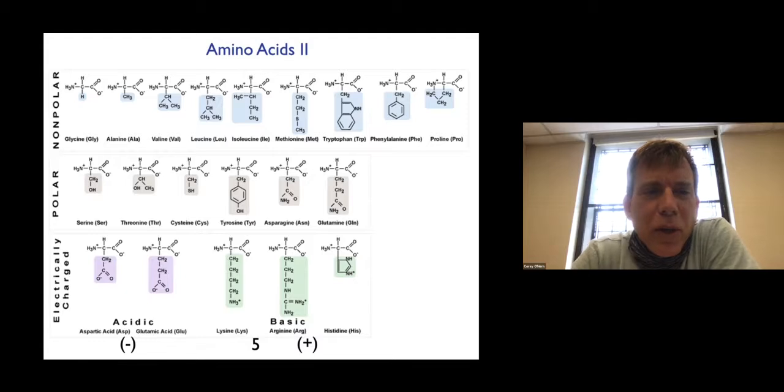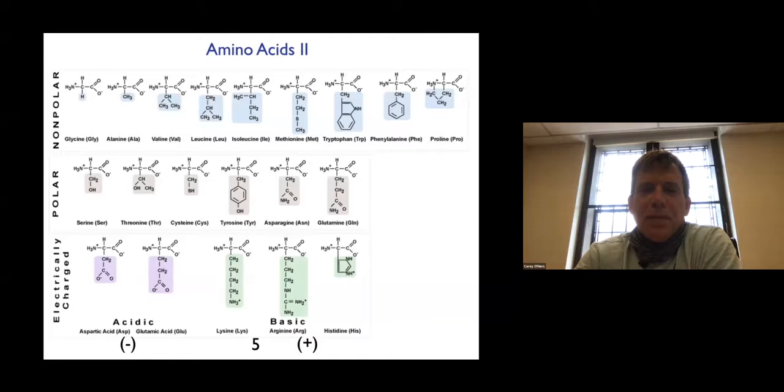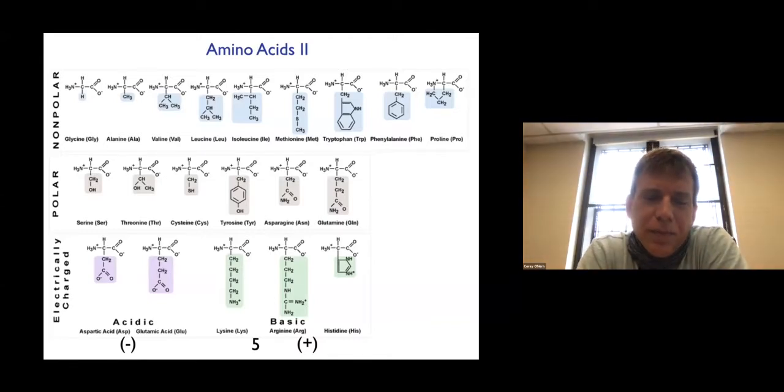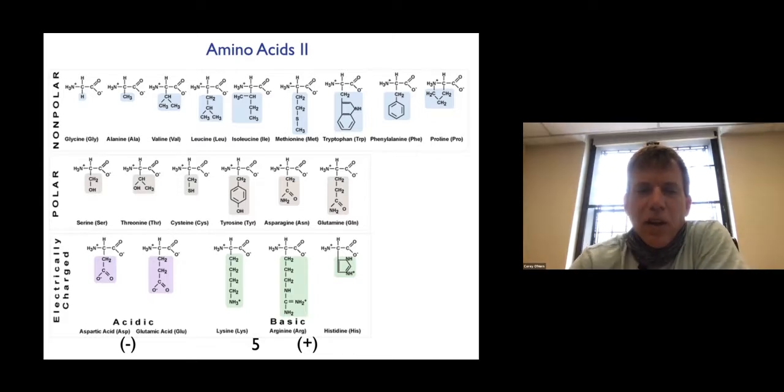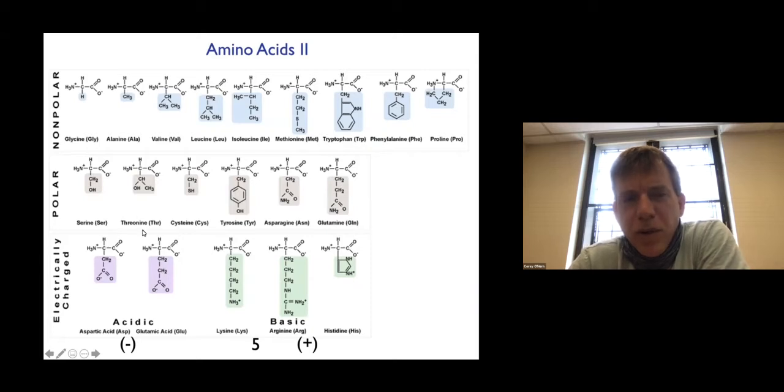And so I have nonpolar, which don't like to be adjacent to water molecules; polar groups, which like to be near water molecules, and many of these residues in the polar group can hydrogen bond; and then electrically charged residues, which can be either slightly positively or negatively charged. The electrically charged and the polar amino acids tend to be found on the surface of the protein, as we'll see later on in these slides, whereas the nonpolar amino acids tend to be buried in the central region of the protein, which I call the core.